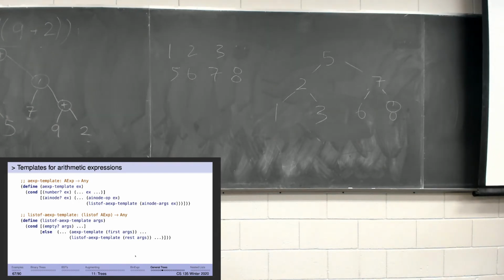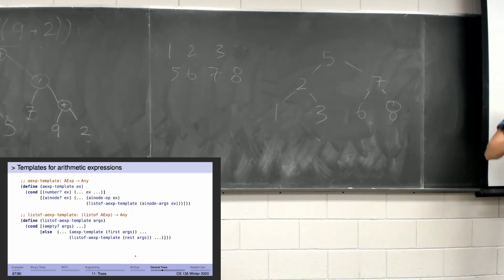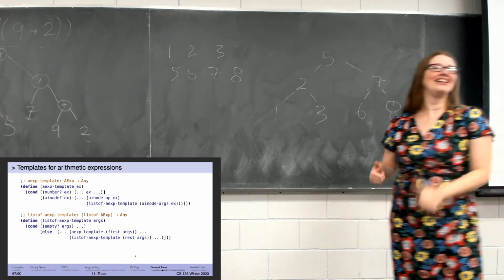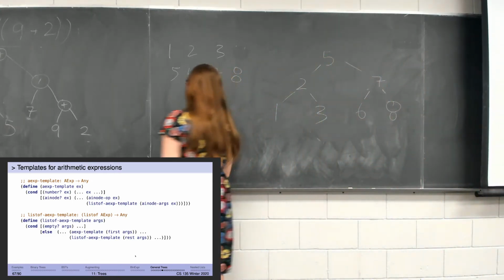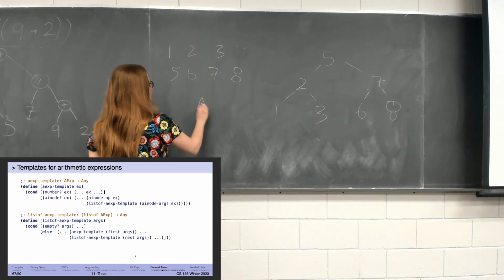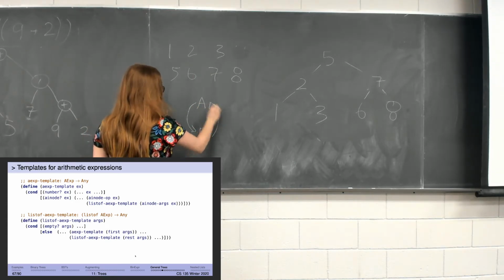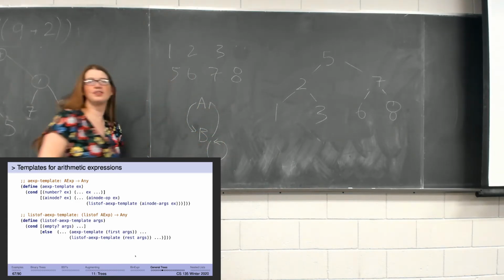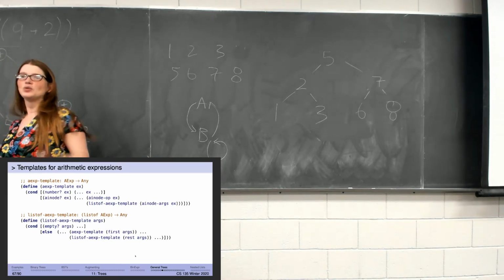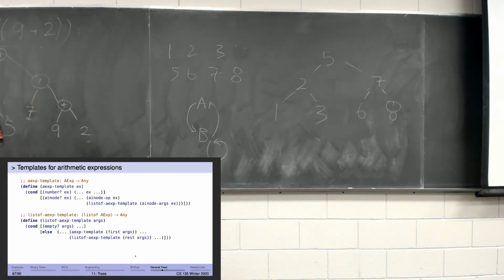So this is mutually recursive, and for the rest of the children, I'll call this function. Two kinds of fun recursion going on. If we were to draw this recursion out, you've got function A and function B, and A calls B and B calls A, and B also calls itself. I didn't say it was pretty. I said it was ugly, and I warned you in advance, this is not pretty.